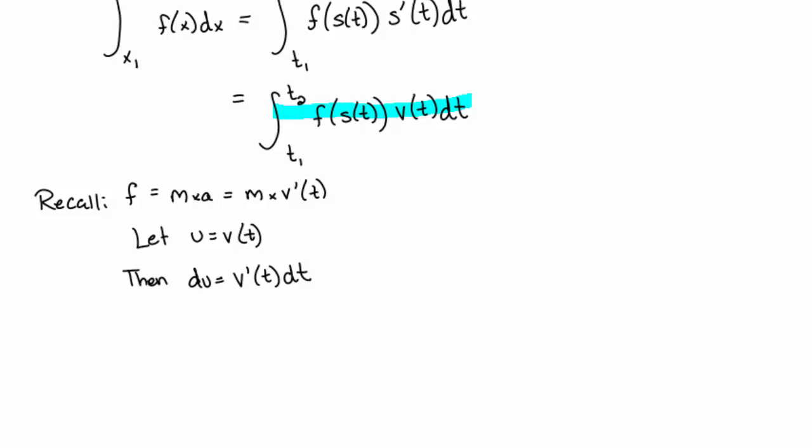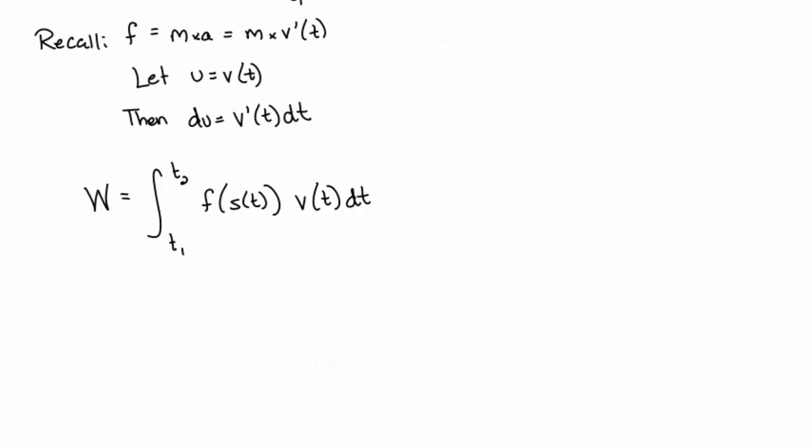So the work done in moving the object from position 1 to position 2 is the same thing as we have just computed to be the integral from time 1 to time 2 of the force at position times the velocity at time t with respect to time. Now the force at position there just means the force at a given time.